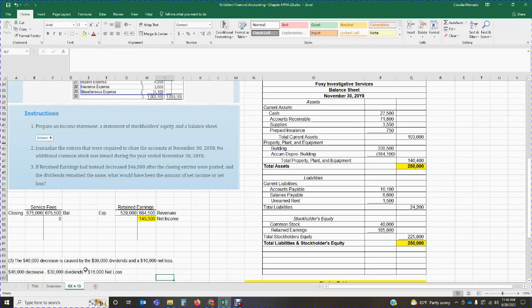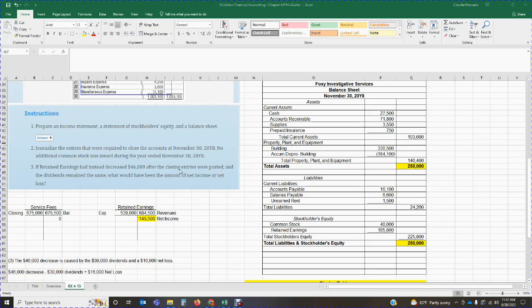So what they're asking you here is, what if we hadn't had net income? In this particular example, in step number 1 where we calculated all of this, based on the information provided, we had net income of $145,500. In scenario 3, it's telling you, what if retained earnings had instead decreased by $46,000 after the closing entries were posted?